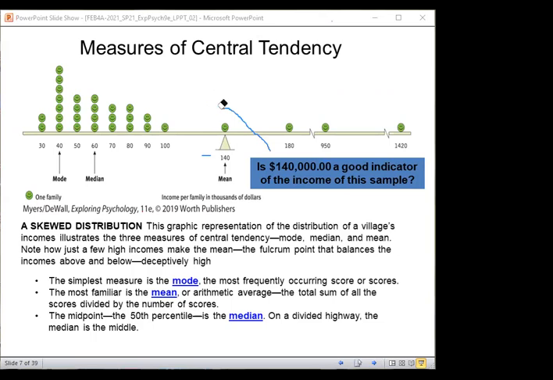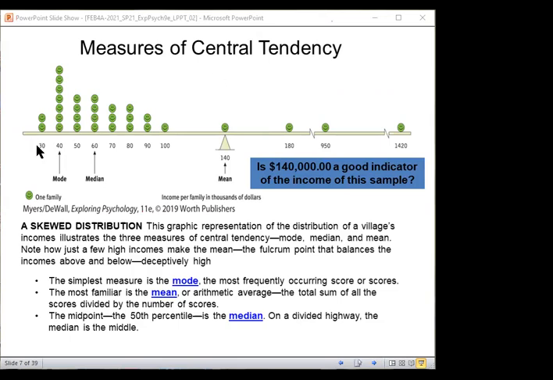We're trying to get some idea of a general number that can describe a sample or a population. All right. So each one of these here, let me change my pointer here. So we have families represented by these green smiley faces, and each one represents, in thousands of dollars, the income of a family.